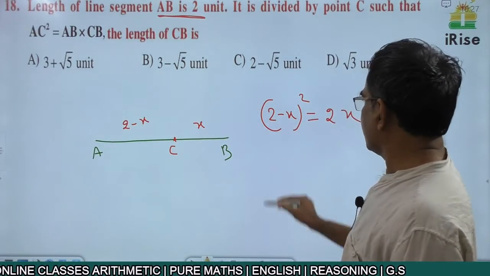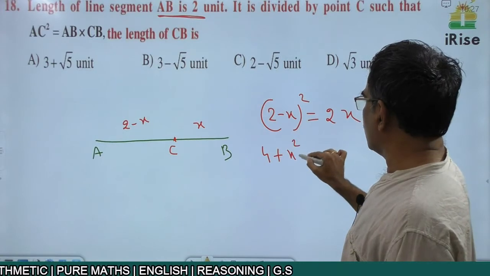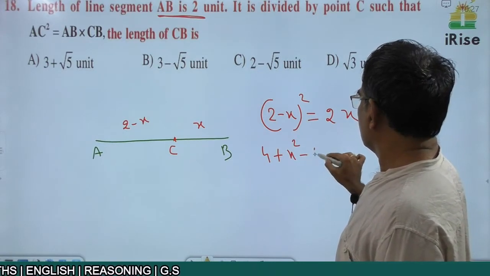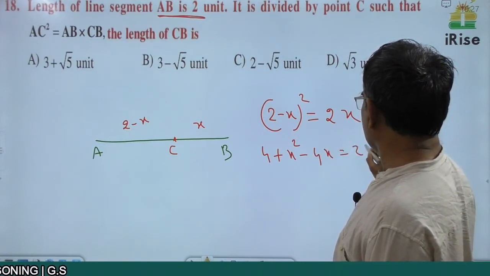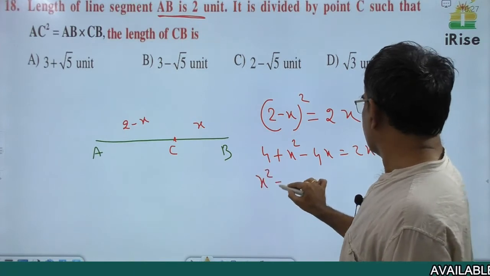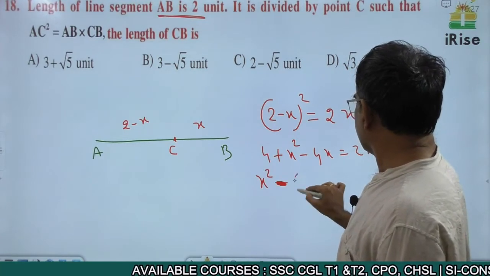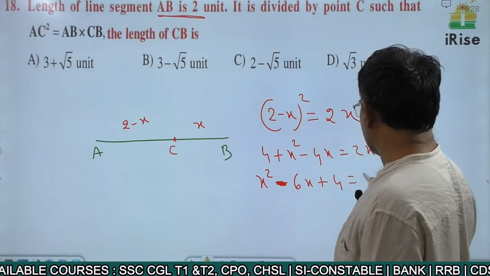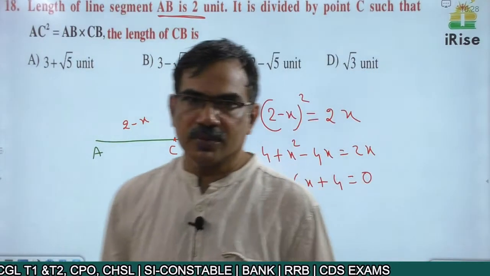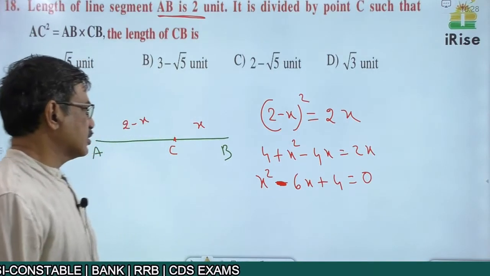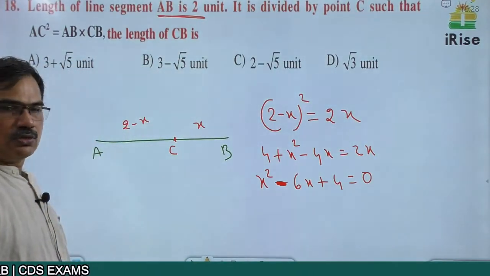CB is X. This is 4 plus X square minus 4X is equal to 2X. So X square minus 6X plus 4 is equal to 0, which is a quadratic equation.